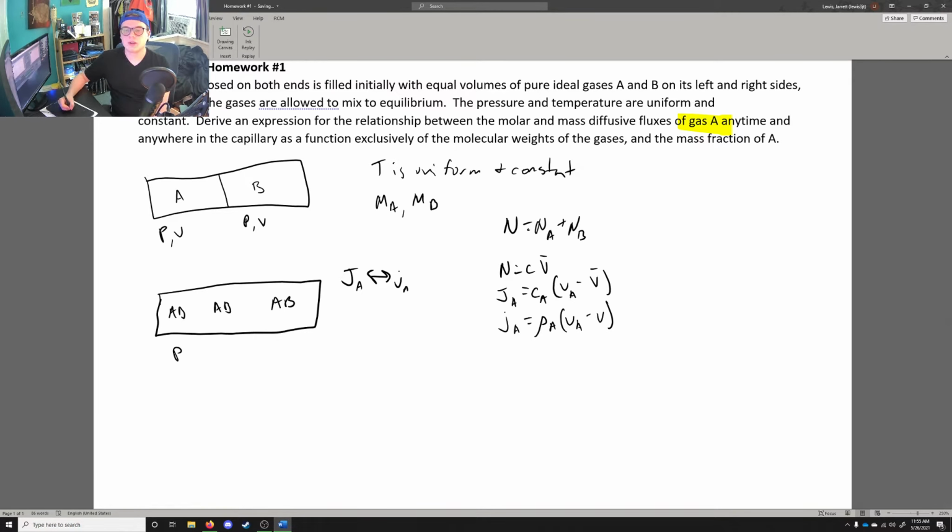A is on the left, B is on the right. For every 1 mole of A going to the right, there has to be 1 mole of B going to the left. This basically says there's no net molar flux. Our N is equal to 0.